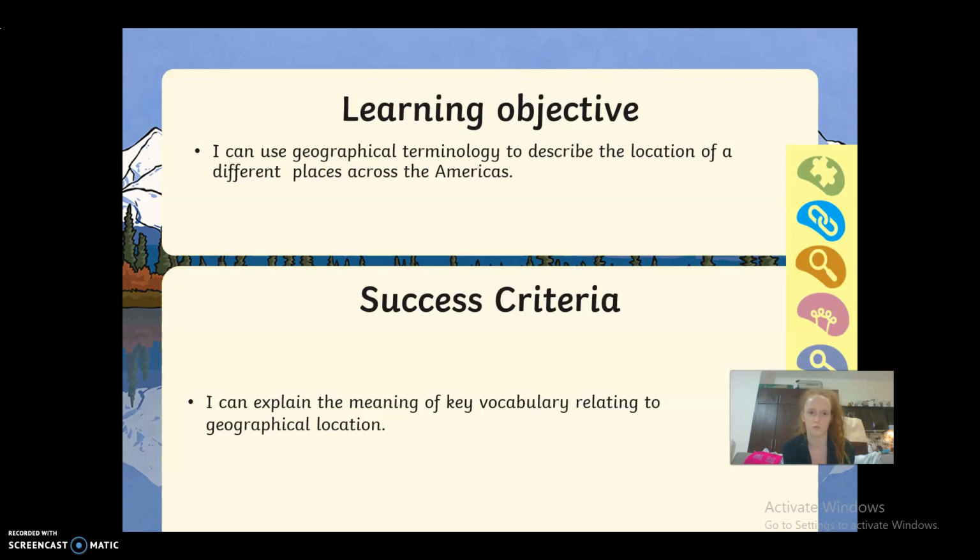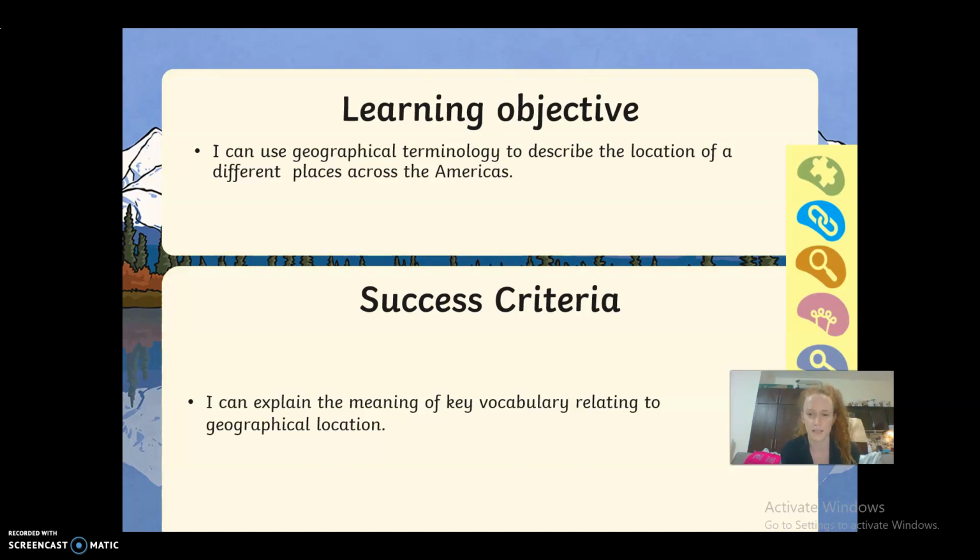You might be wondering what is geographical terminology. Basically, it's vocabulary or words that we use in geography, or special vocabulary that we use for geography. So you will have to be able to use these words to describe the location of different places across the Americas.